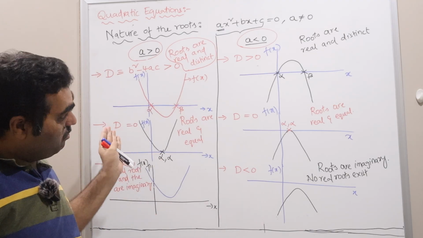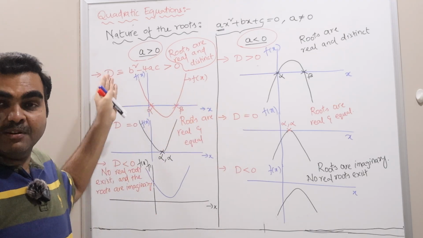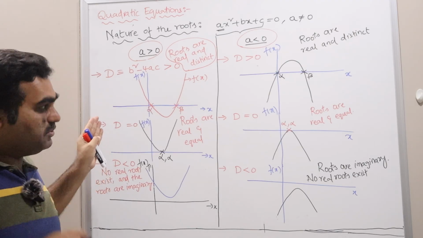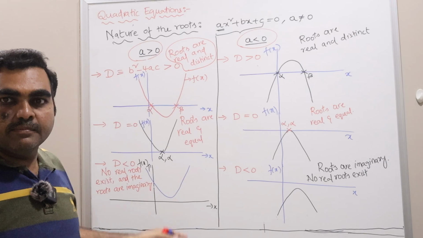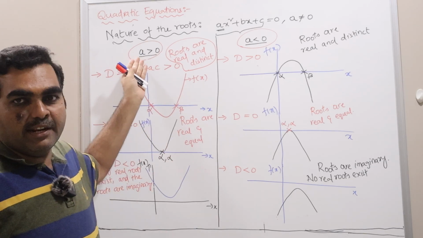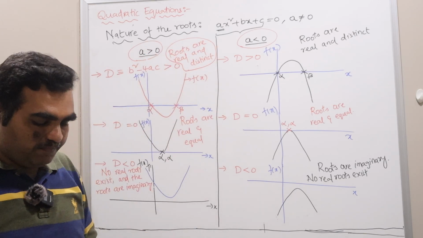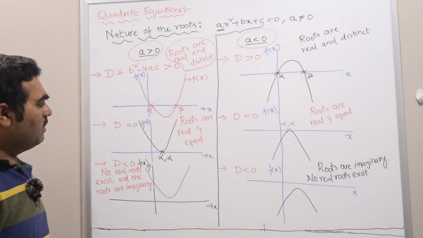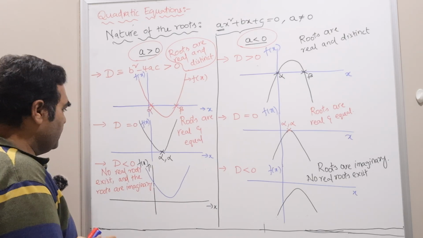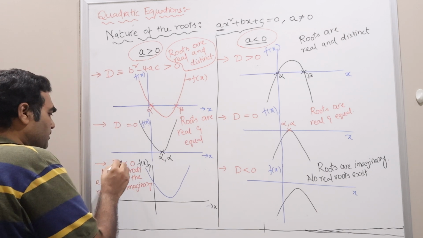Okay, so the cases will match, I'm sorry, discriminant matches in both the cases of a greater than 0 and a less than 0. I hope you got it. So here one more insight you can see when you see these two cases.